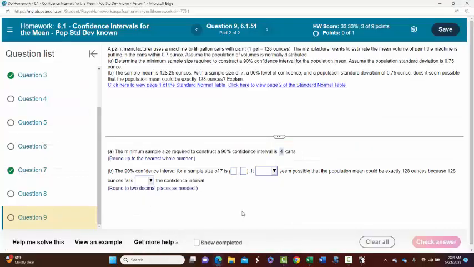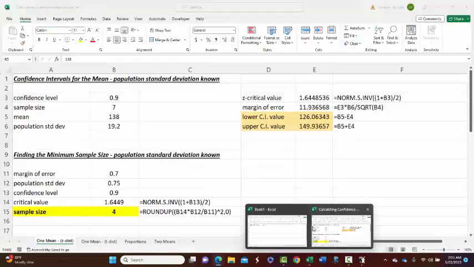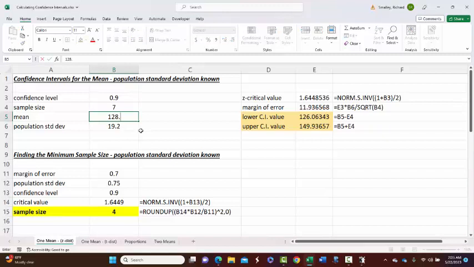Okay, 0.75 again, standard deviation, the mean is 128.25. And then that was 0.75 again, right there.